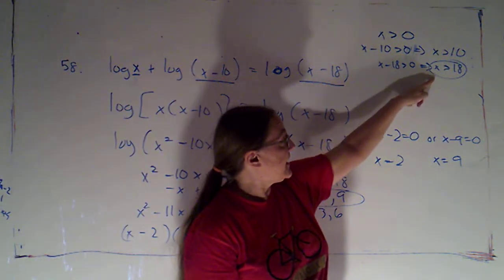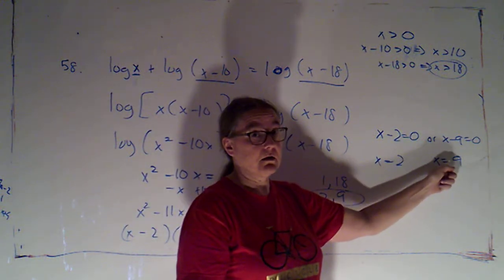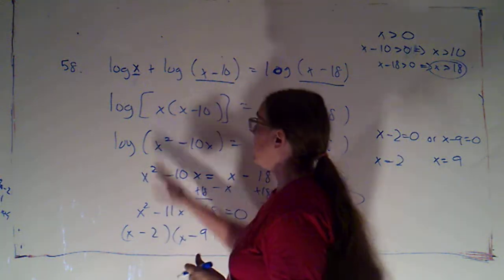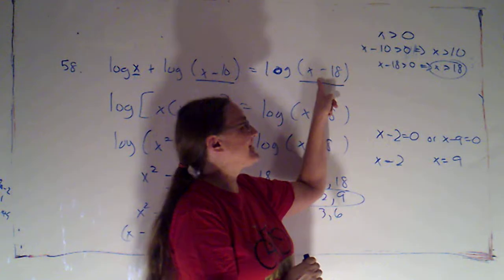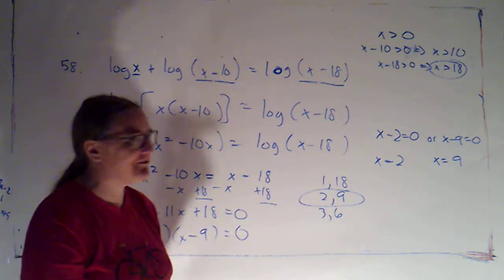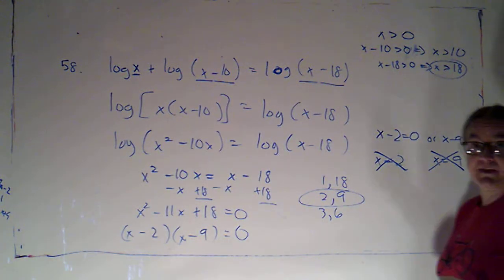Are they bigger than 18? No. And no. Notice, both x values are positive, so this log is defined, but this log isn't. And this log isn't, because they're not positive enough to make the arguments positive. So I reject both of them.